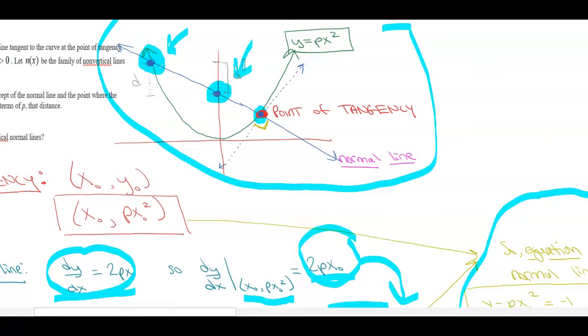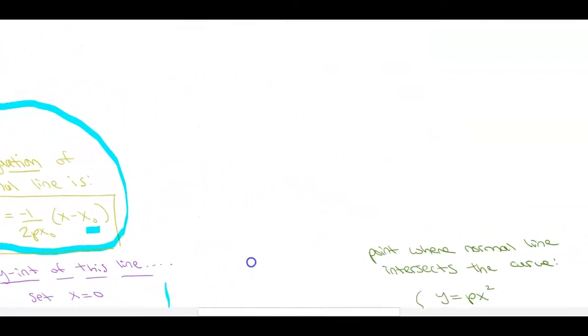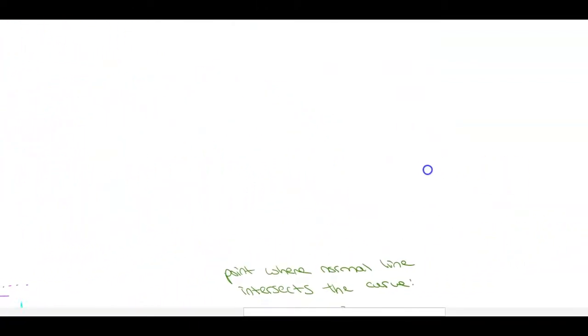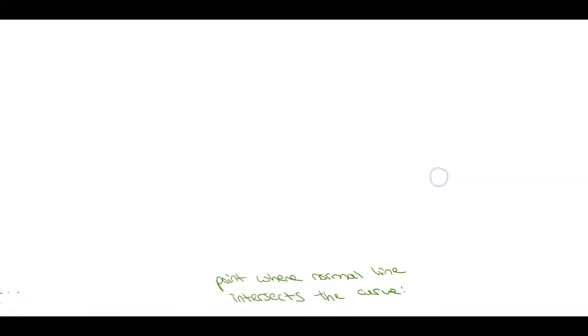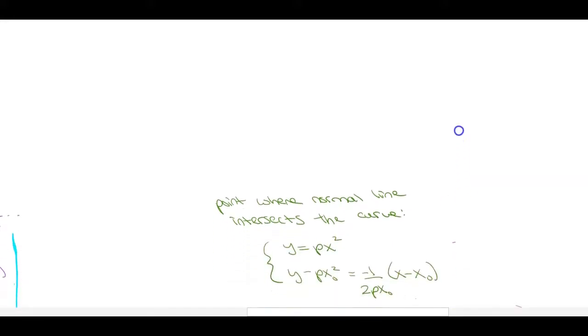So we have to find the coordinates of that point of intersection. What does that make you think of when you think of where two curves intersect? It makes you think of a system. And what two curves are we looking at? Well, we're looking at the parabola and the normal line.